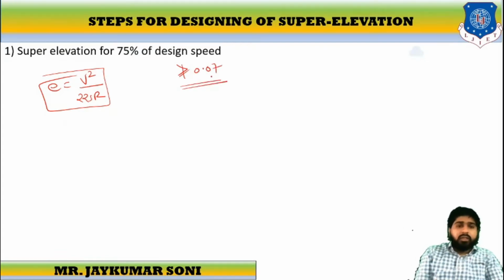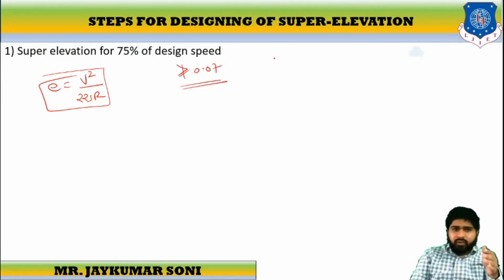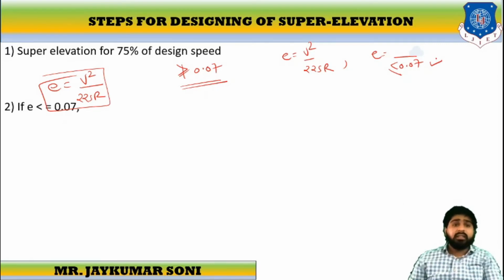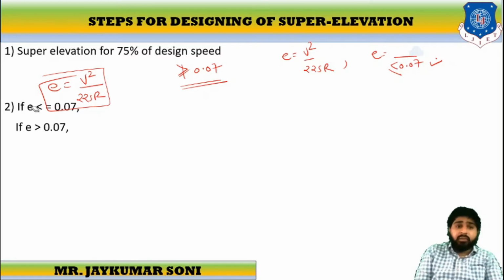So in case of mixed traffic condition, we will put the equation E is equal to V square by 225R, and then see what value we get as E. If it is less than or equal to 0.07, then it is okay. But if it is more than 0.07, then it is not okay.